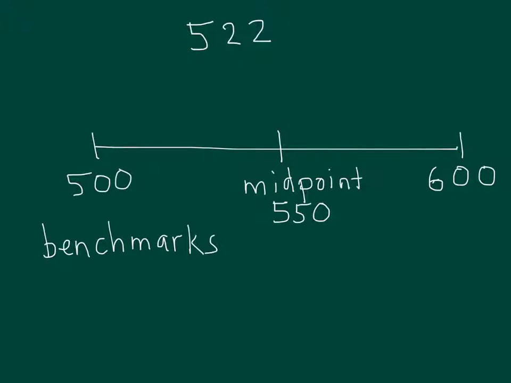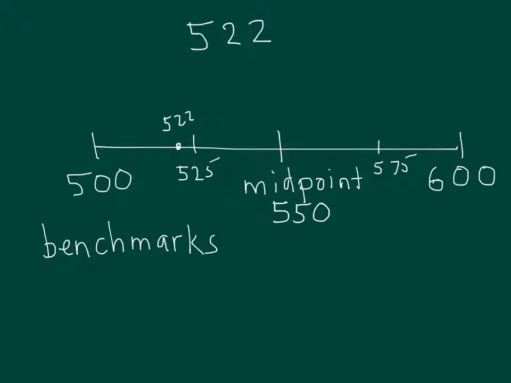Now, the next step is, where does 522 fall on the number line? So if I divide this a little bit more, I know this is about 525 and this is about 575. So just as a quick estimate, I know that 522 is a little bit less than this number here. So I'm going to drop it right about here. Good.